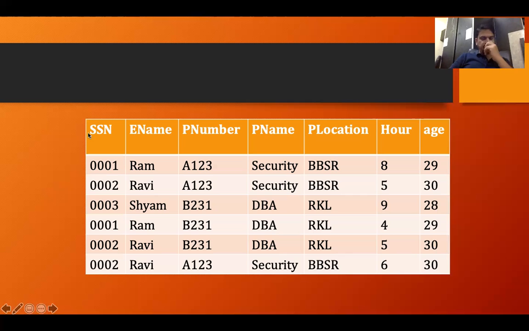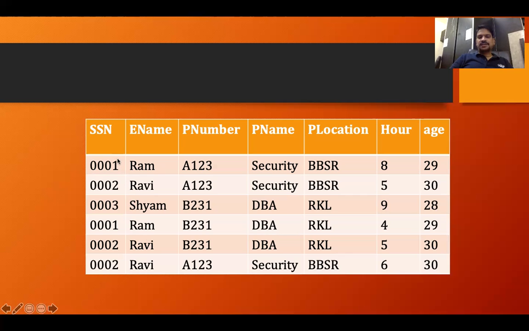So can we say social security number determines employee name? If we have social security number 1, the employee is Ram. Again, if there is social security number 1, the employee is Ram. Getting it?